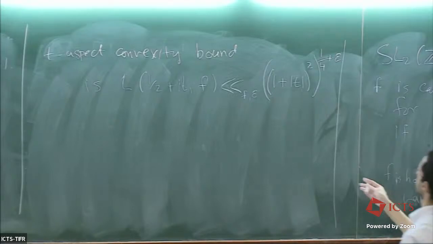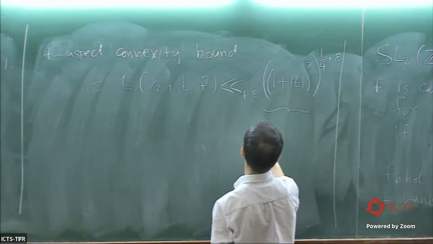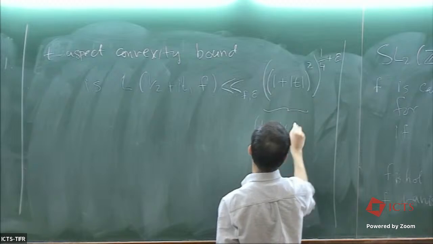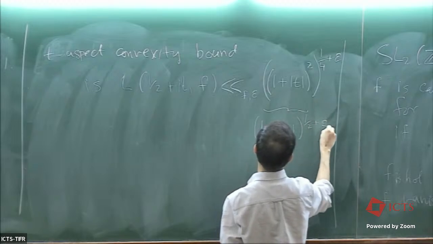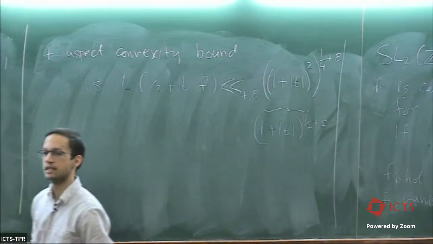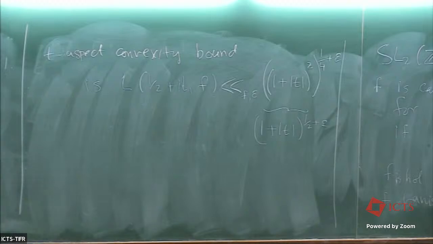And so the point is that this thing is going to be the square root, so t to the 1/2. If you can get an exponent which is smaller than t to the 1/2, you get a subconvexity estimate in the T aspect. Good.